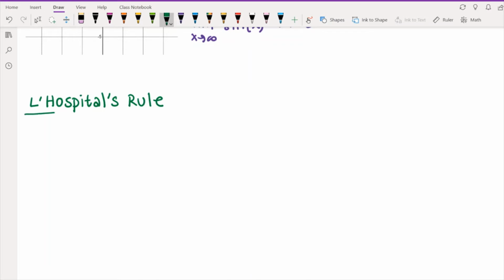L'Hopital's rule is used when you're taking a limit of a fraction, one function over another.